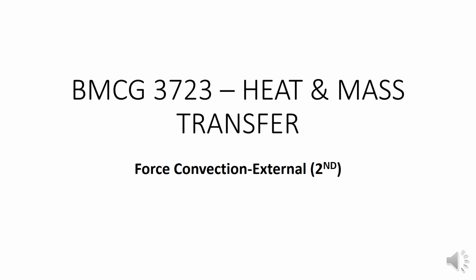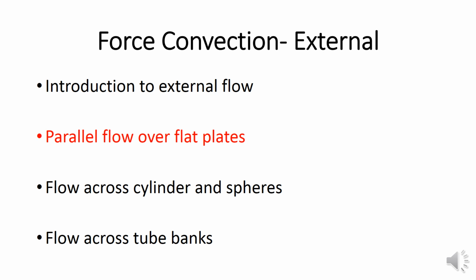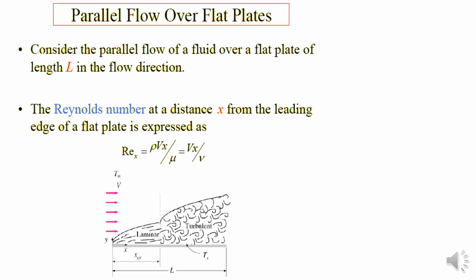So I'm going to continue with the second video for forced convection of external flow for the subject of Heat and Mass Transfer, BMCG 3723. And in these slides, I'm going to explain parallel flow over flat plates.